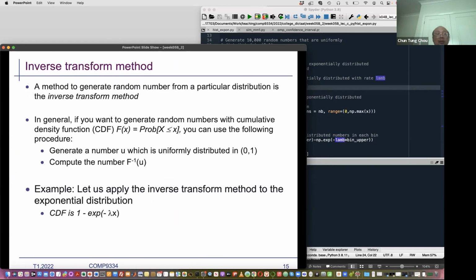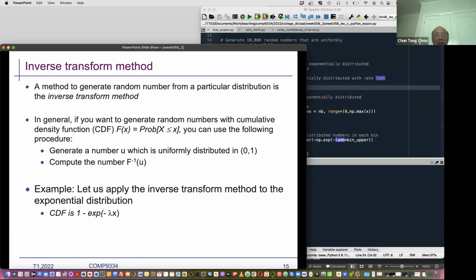What you will need to realize is that the method I'm talking about, the inverse transform method, you can use it for any f(x) or any probability density. That's why it's a very powerful method, as long as you can compute the inverse. If you can compute the inverse, you can use this method to generate numbers of any probability distribution.